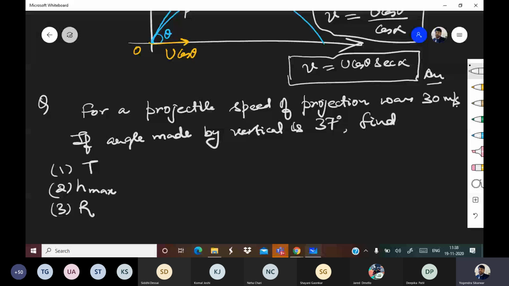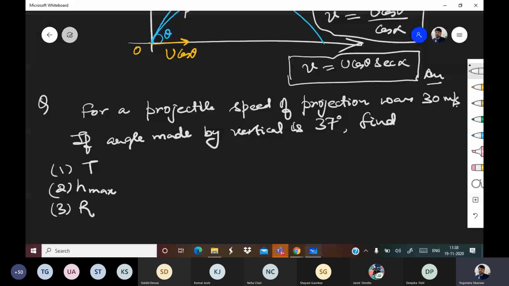Okay, everyone. So T is equal to 2u sine theta by g, which will be 2 into u is 30 into sine theta will be sine 53 upon 10. So 2 into 30 into 4 by 5 upon 10.